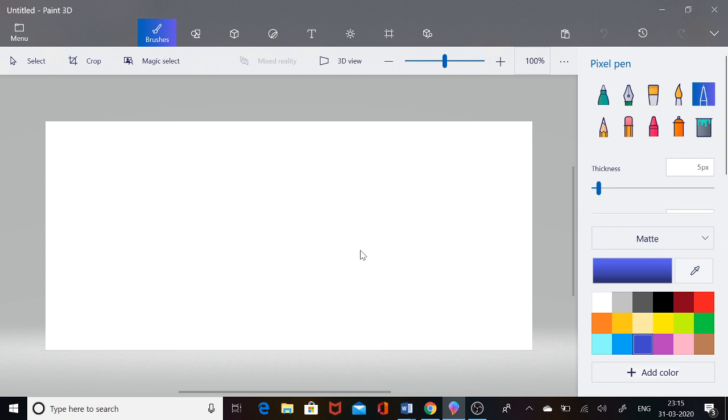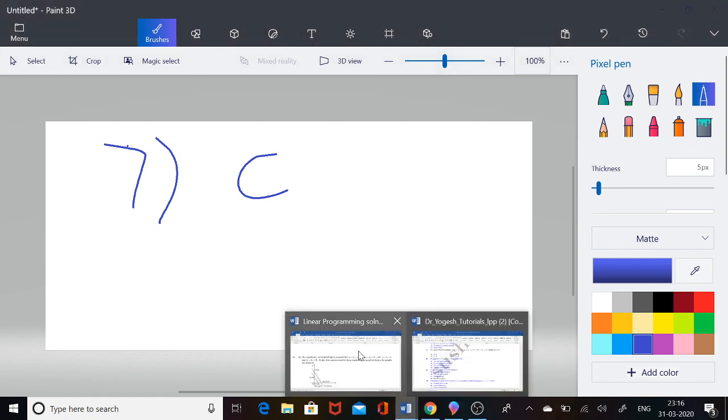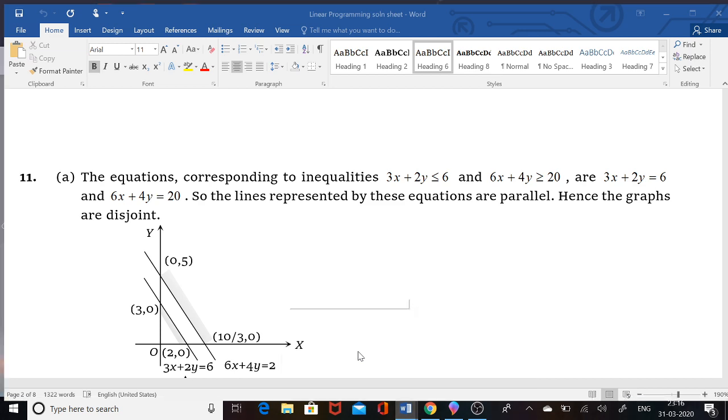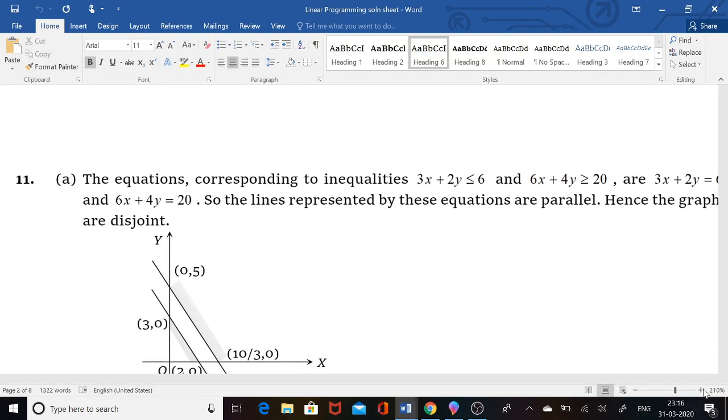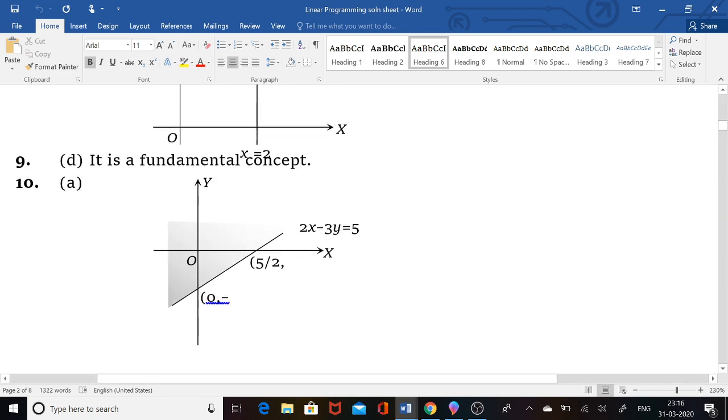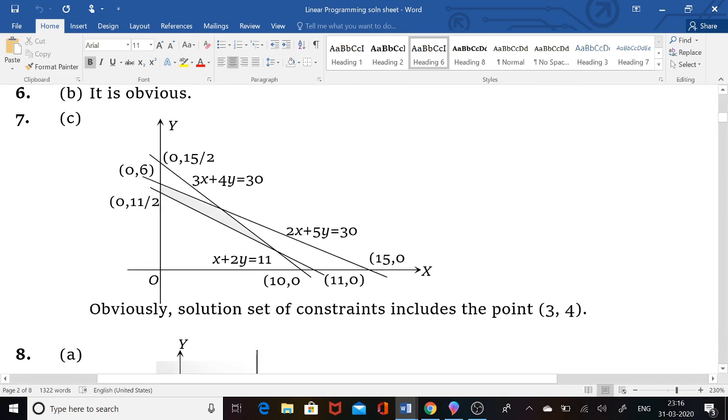Okay. Your seventh answer is C. Eighth is A. Ninth is D. Seven goes as C. This is the solution of the seventh one.